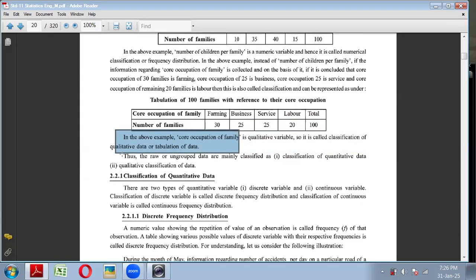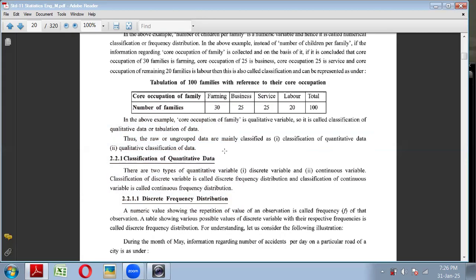Clear? So basically, when raw or ungrouped data are classified, they can be classified as qualitative data or quantitative data. Here, first of all, we are going to see the classification of quantitative data, and we are going to see numericals based on that.